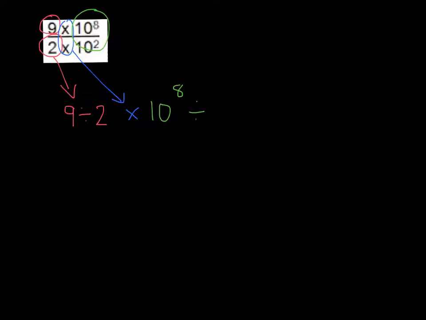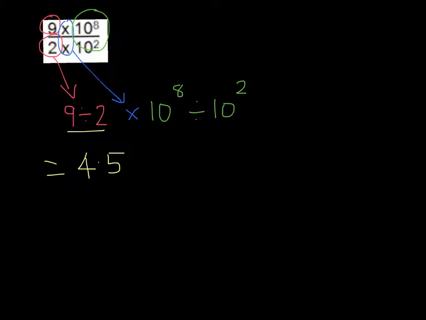The same theory then applies to dividing with scientific notation. So first we are going to take the first coefficients. So it's going to be 9 divided by 2. The times by will stay the same. And then 10 to the power of 8 divided by 10 to the power of 2. Now let's complete our next step of the operations. So 9 divided by 2 is 4.5.